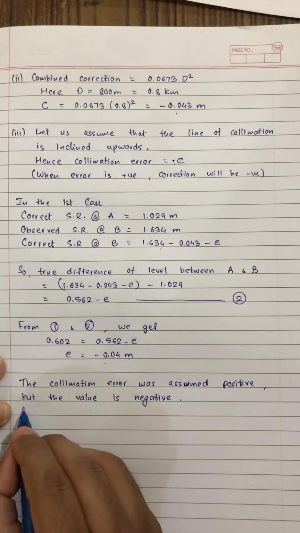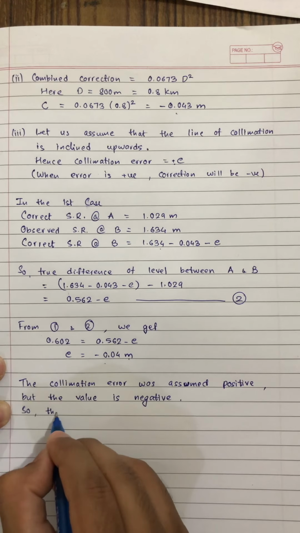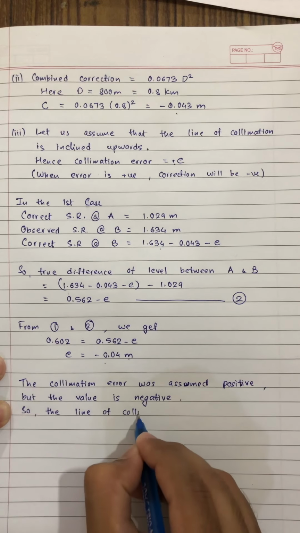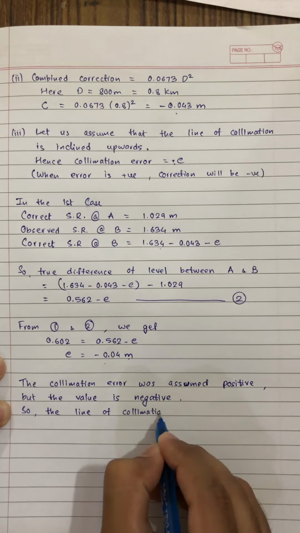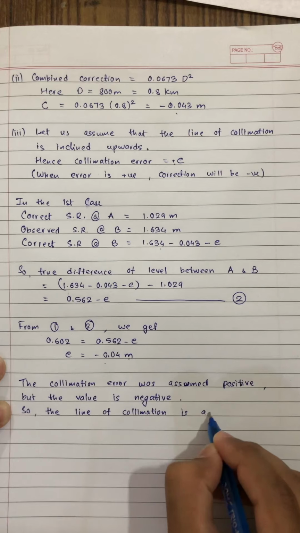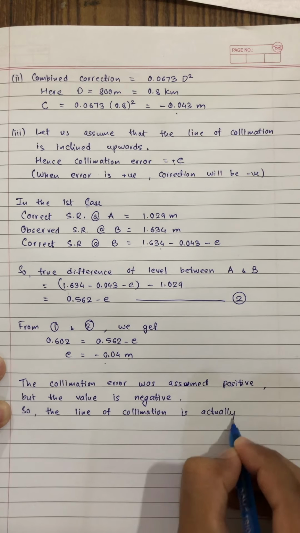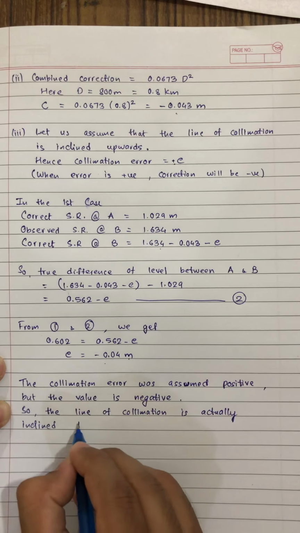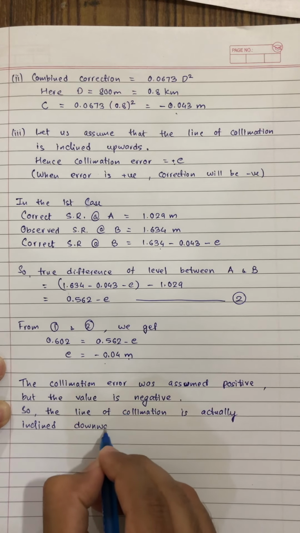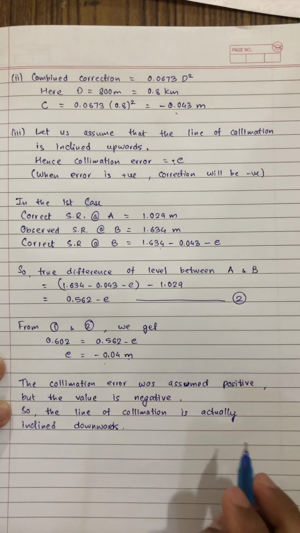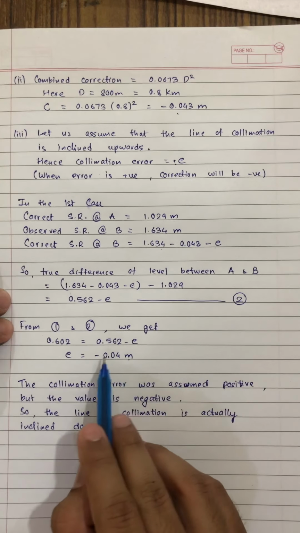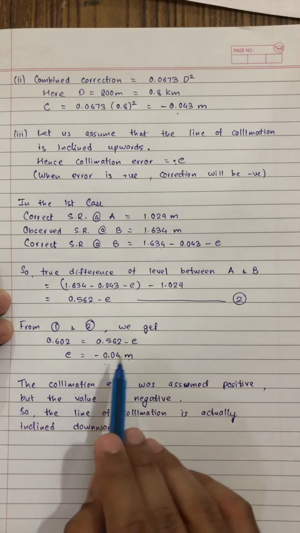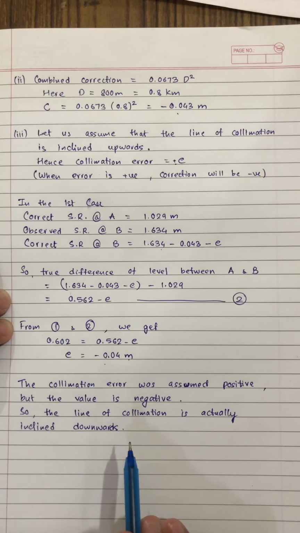So the line of collimation is actually inclined downwards. This value is negative and we assumed it is inclined upwards, so as it came negative, it means it is inclined downwards.